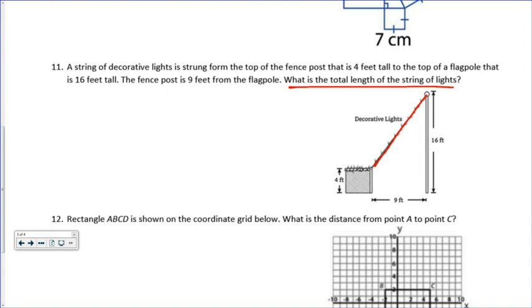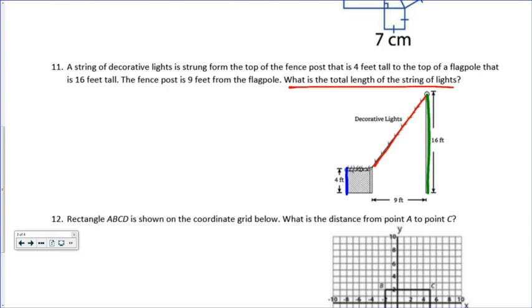Okay. We need to figure out some of the other important information. So it's told us that the fence post over here is 4 feet tall. And it also told us that the flagpole is 16 feet tall. Oh, I'm sorry.